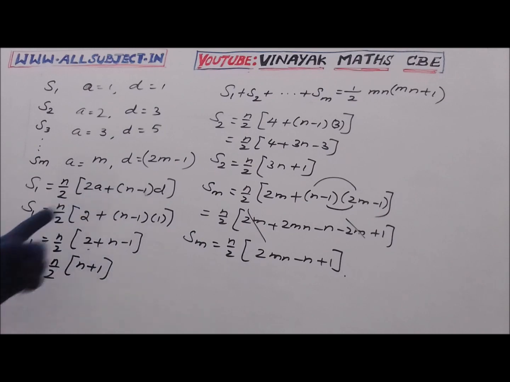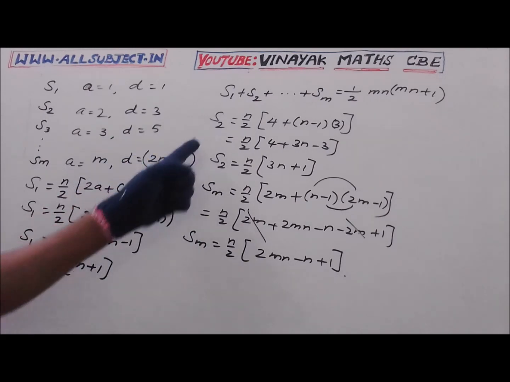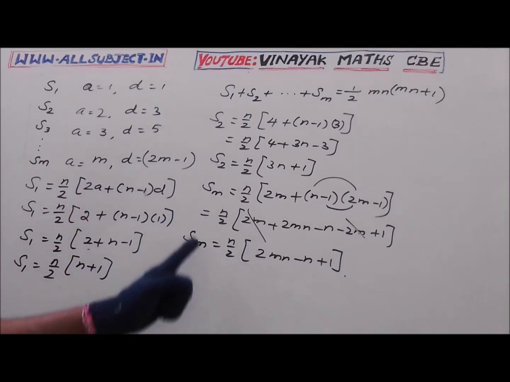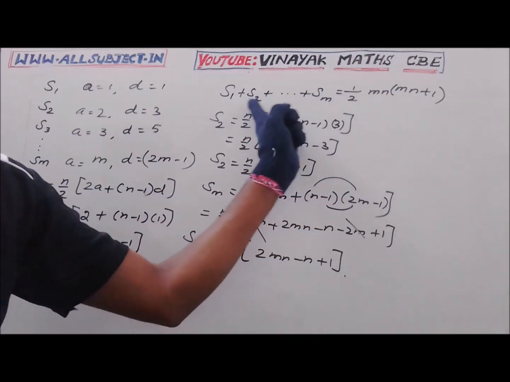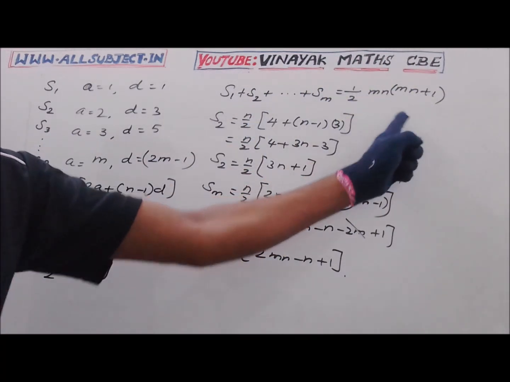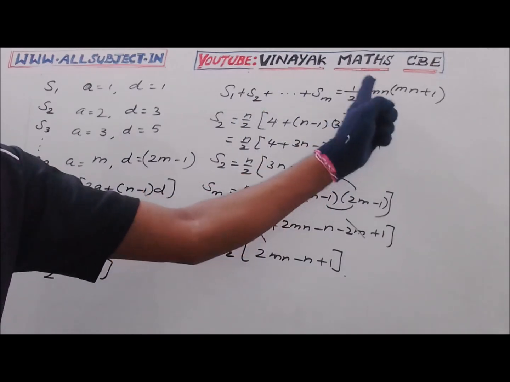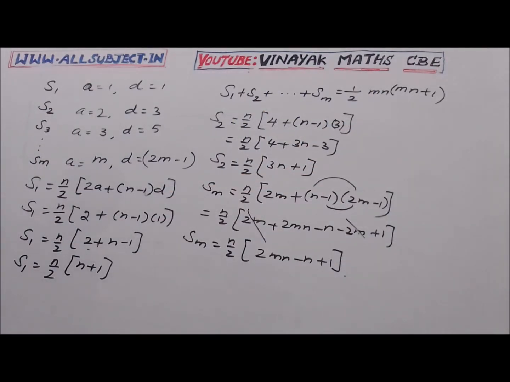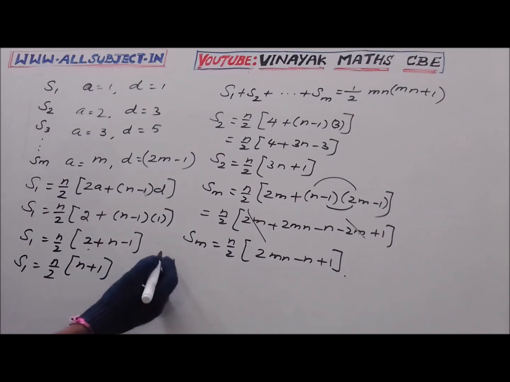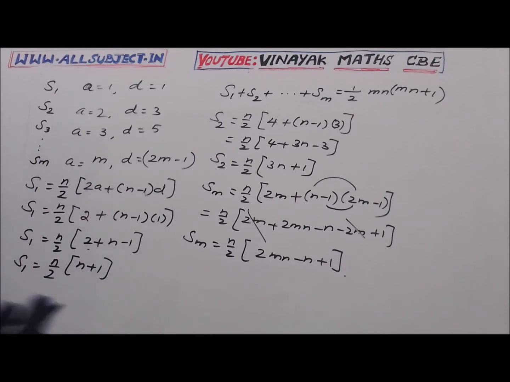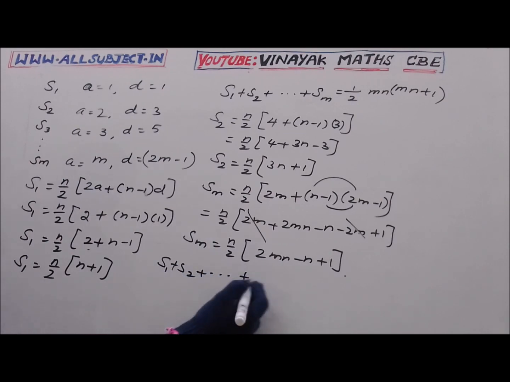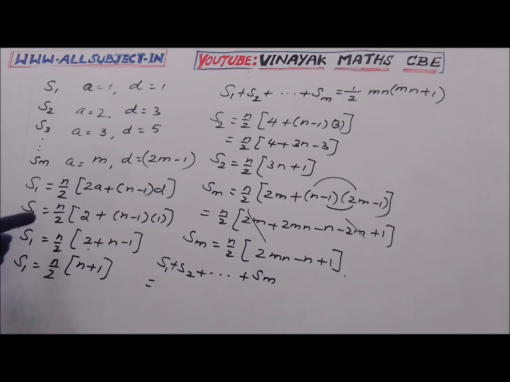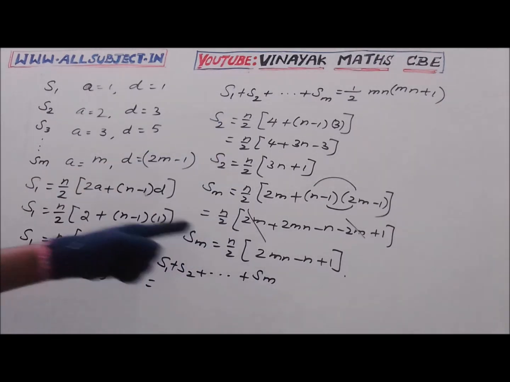Now we should sum all these cases S1, S2, S3, etc., Sm, and show that the sum of all these terms is equal to 1 by 2 into mn into (mn plus 1). Adding the sums, S1 plus S2 plus etc. plus Sm will be equal to n by 2 times the terms in which n by 2 is a product.